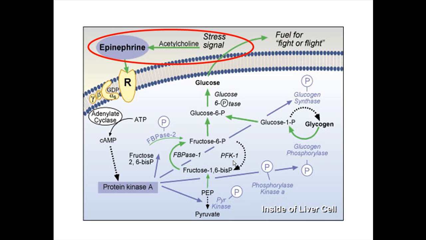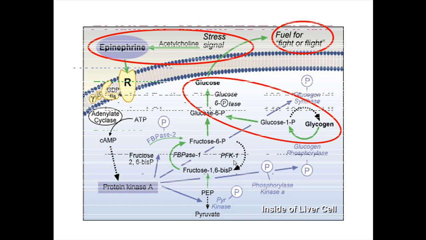And this just shows where epinephrine, because of stress, is going to have a similar response as glucagon. It fits into the receptor and then has the glycogen turn into glucose and fuels for fight or flight. But again, it's supposed to be very, very short term, and long term it can have some other adverse effects that we don't want.